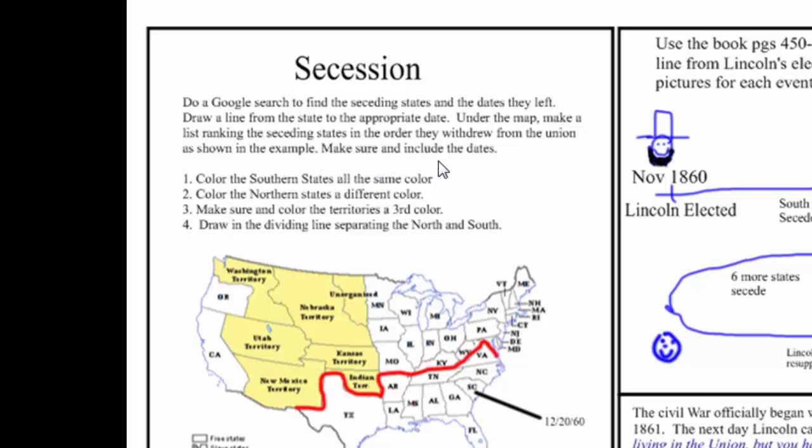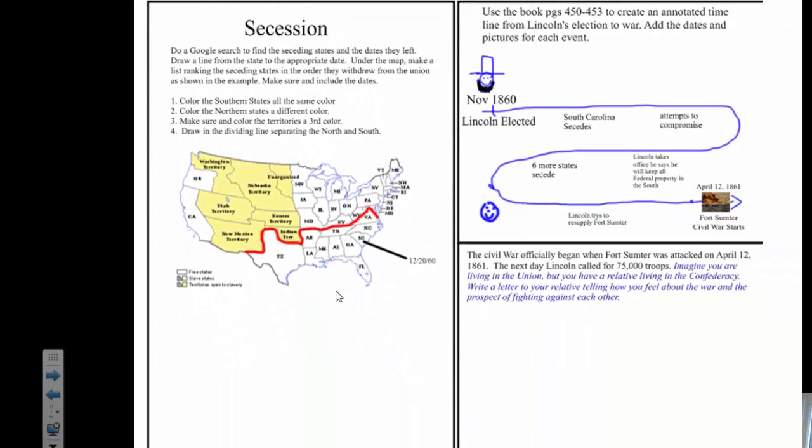Make sure and include the dates. So what you're going to do is draw lines to all these states right here, and you're going to put the date that they left. And then on top of that, you're going to list them all in order right here, and you're going to put the name of the state and the date that it left. So you're going to do it two different ways.